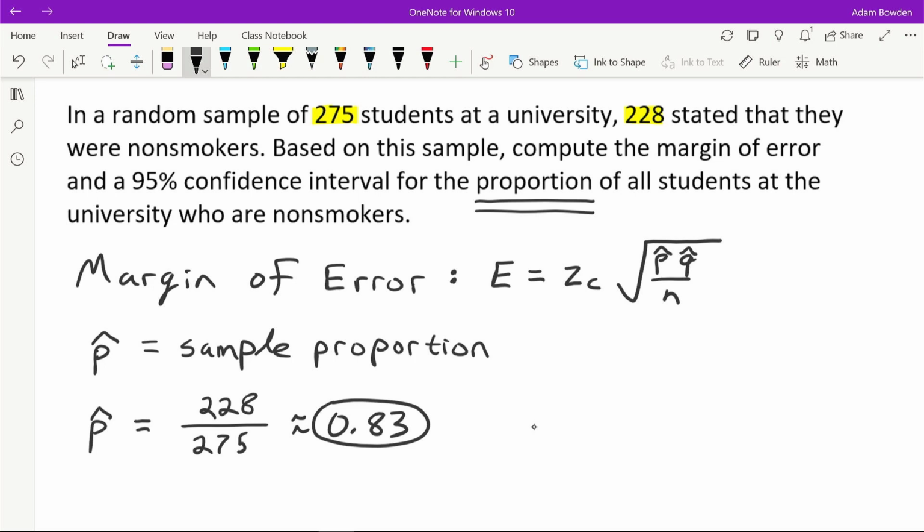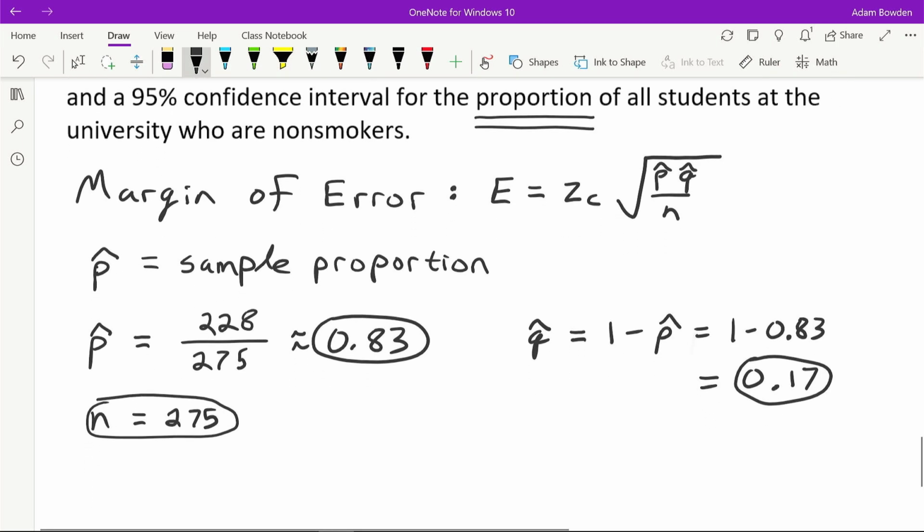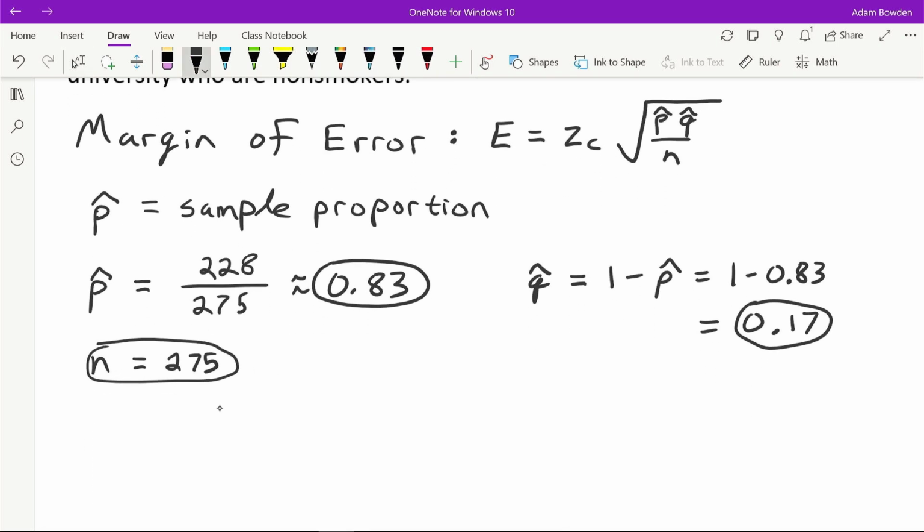Another component of this formula is this thing called q hat. We calculate that by doing 1 minus p hat, or in other words, 1 minus 0.83. That comes out to be 0.17. And our sample size is 275, so that's the number for n. So all that's going to go in the margin of error, along with, again, the value of z sub c. We actually found this one in a previous example, so you may want to check my earlier video where I found that.